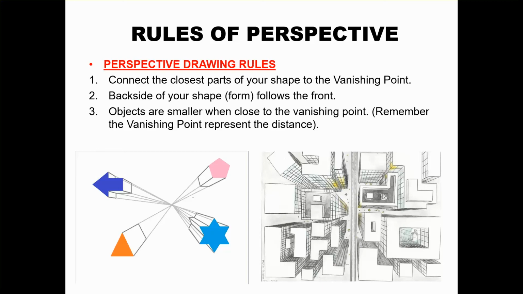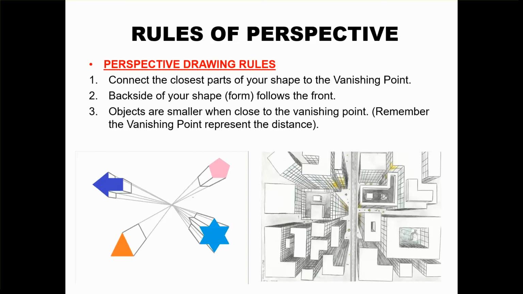And the third rule is objects are smaller when close to the vanishing point. I talked about this a little bit earlier. Objects are smaller when close to the vanishing point, and that's how your perception works. Remember, the vanishing point represents the distance. When you're looking at 3-dimensional shapes in reality, everything's life-size when it's right next to you.